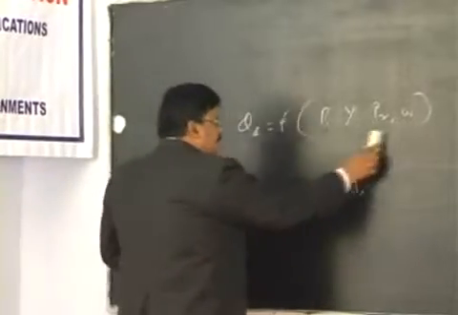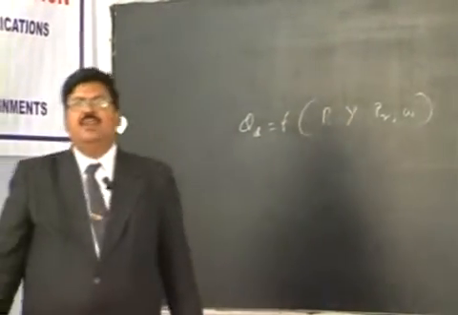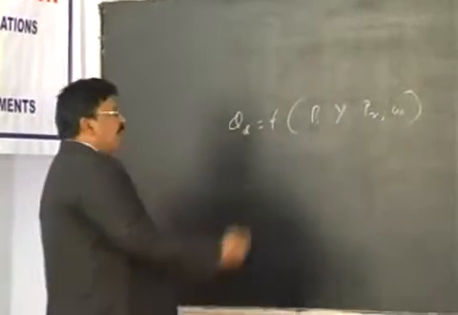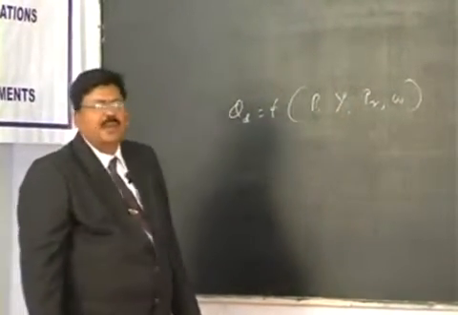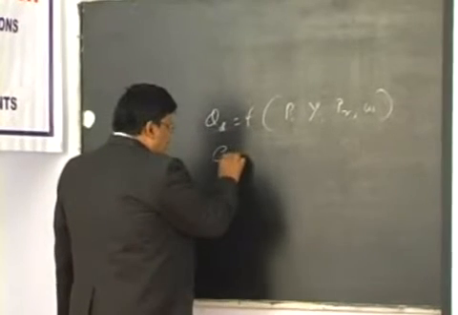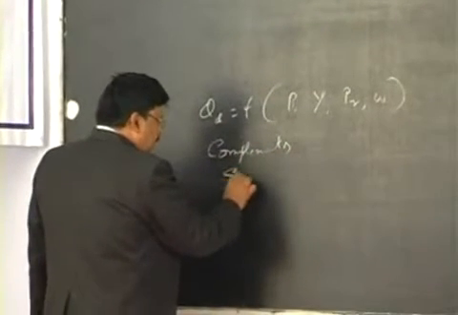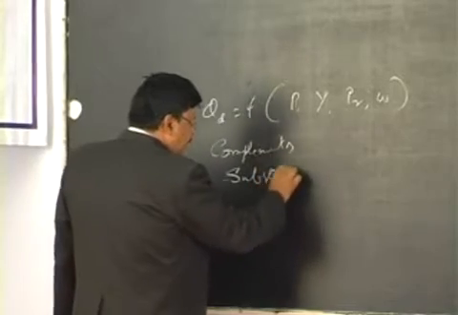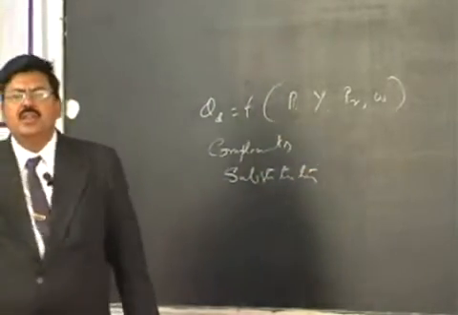And the third major determinant of demand for a commodity is prices of related commodities. Prices of related goods may be complements or substitutes. What is the meaning of a substitute?